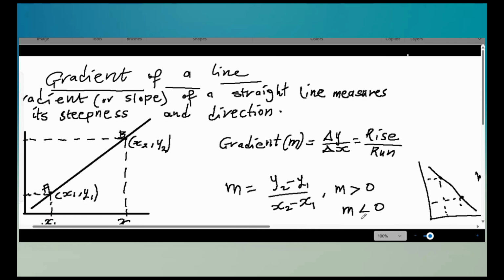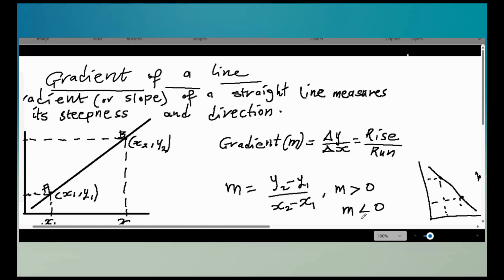Okay, so quick revision: the gradient of any given slope, any line that is steep, is given to us by the definition of the gradient, which is y2 minus y1 all over x2 minus x1. And when the gradient is greater than 0, then your line is going to move upwards to the right.